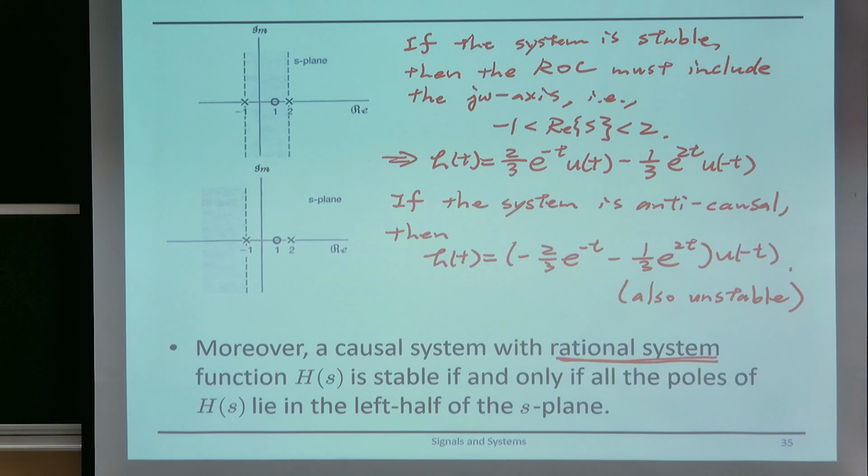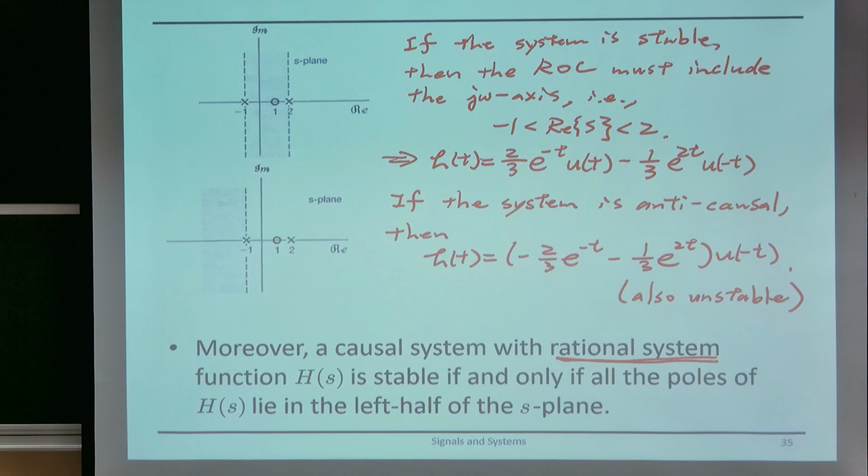So the region of convergence of a rational system can either go to infinity or be bounded by its pole. So for a causal system to be stable, this means that all of the poles of H of s must lie in the left half of the s-plane.